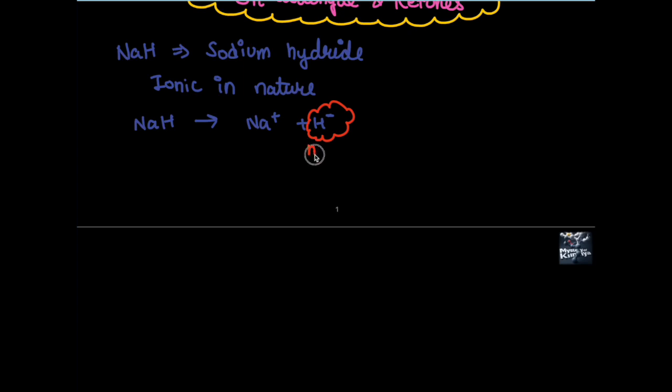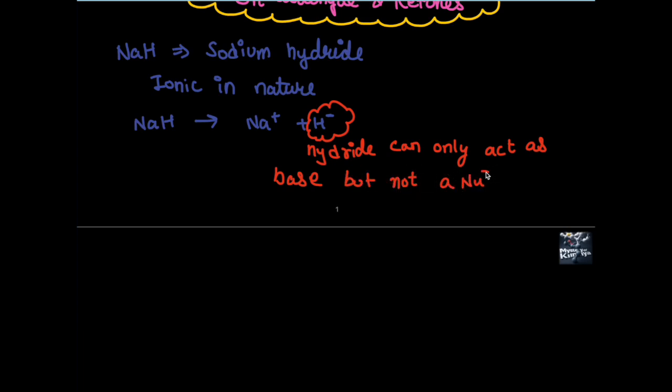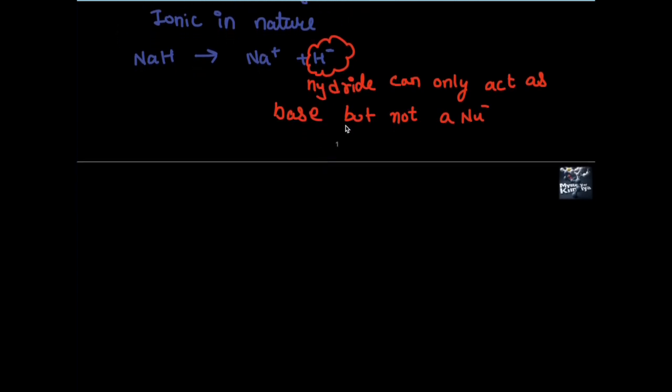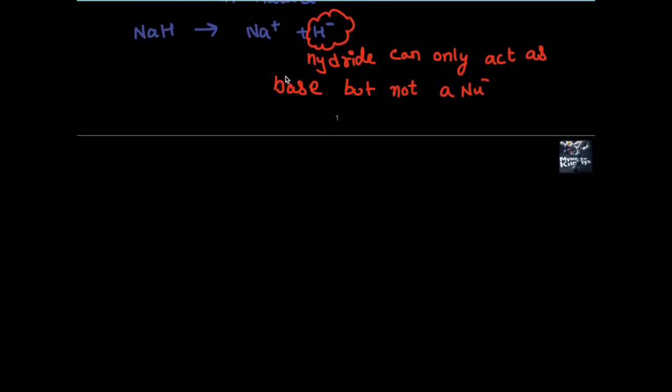This hydride can only act as a base, and it is really a good base but not a nucleophile. This is because acid base reactions are fast, and NaH is more ionic and will produce H minus at a very fast rate. So whenever the H minus forms, it actually takes the acidic hydrogen.